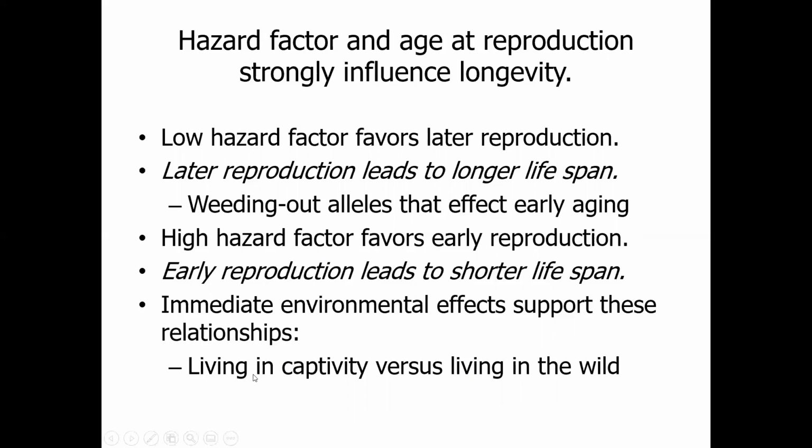The one caveat we have with longevity and reproduction is that environment can actually influence some of these relationships between when individuals reproduce versus when they actually die. A perfect example of this is organisms living in captivity versus living in the wild. Organisms that live in captivity have a lot better food quality and access to food.